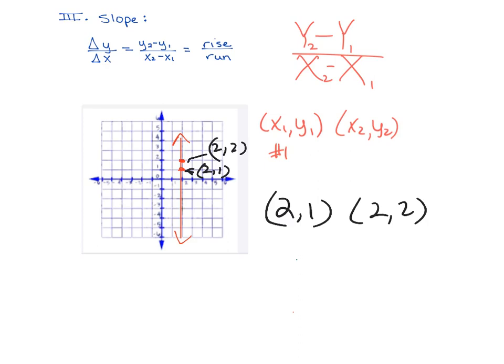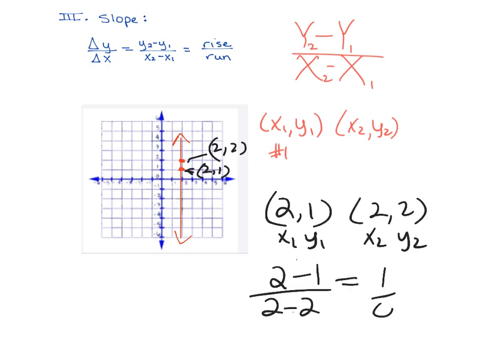Now on the test, if you realize that the slope of a vertical line is undefined, you don't have to do this. So again, if we're going to label this as x1, y1, x2, y2, 2 minus 1 over 2 minus 2, as soon as you see a 0 in the bottom of your fraction, this is undefined. So this is why for the graph of a vertical line, the slope is undefined.